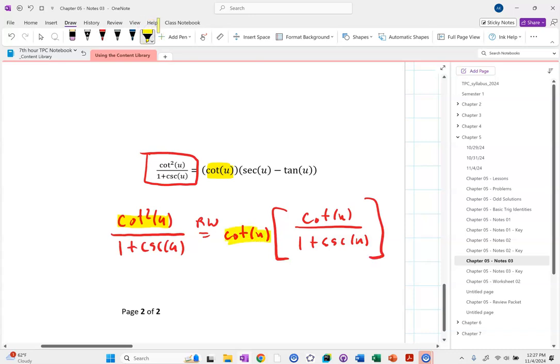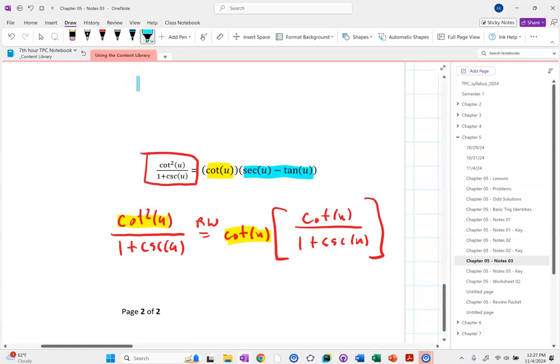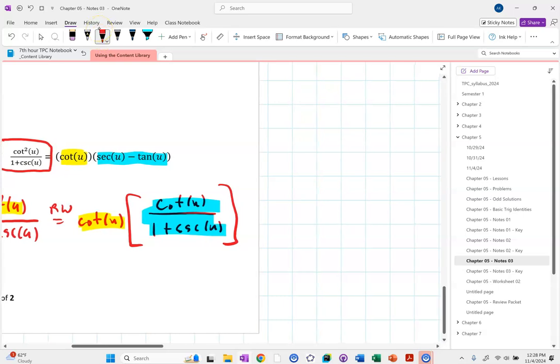And I have that part done. So now I'm going to try to turn cotangent u over 1 plus cosecant u into secant u minus tangent u. Okay with that plan? Okay. What are your ideas?